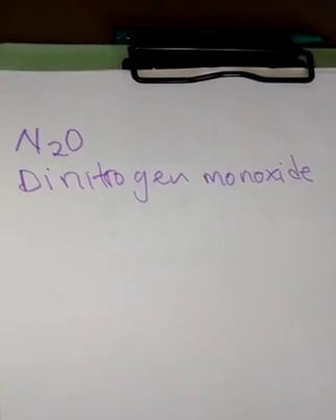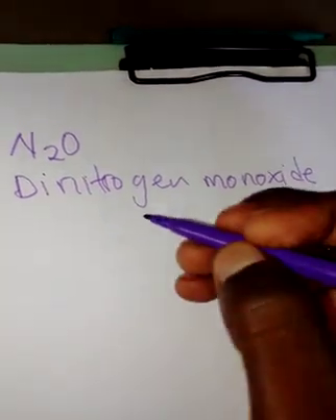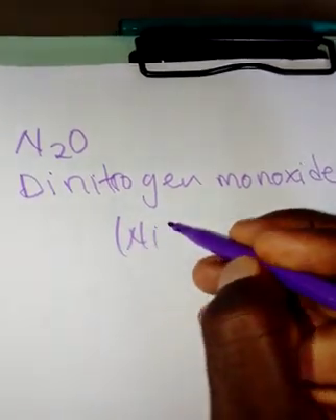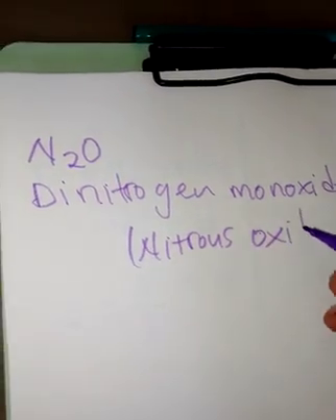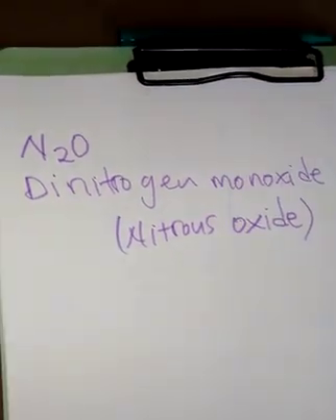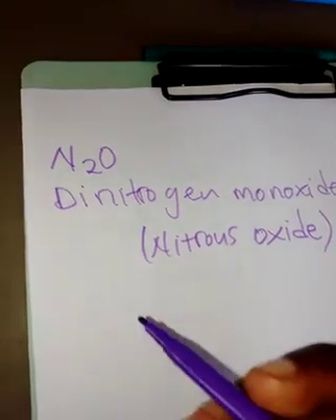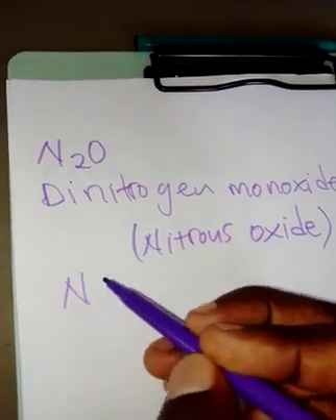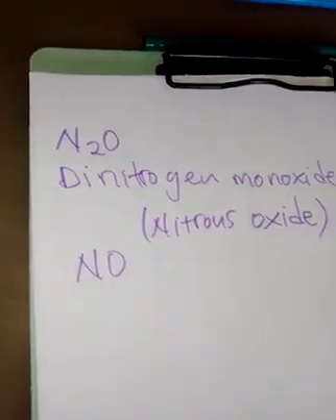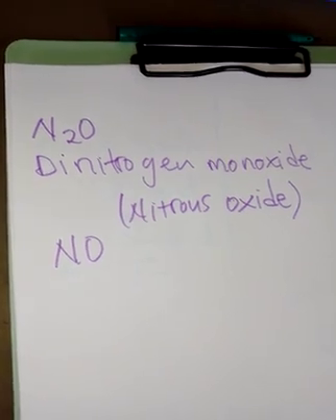That is the systematic name of that compound. Then it has a common name called nitrous oxide. N2O, that's nitrous oxide. Then what if you are given NO? What is the name of that compound? Systematic name.